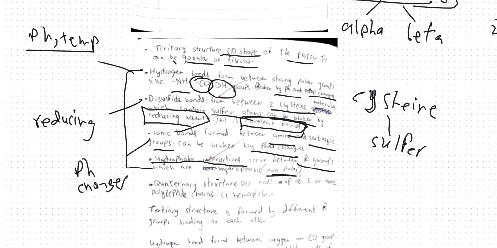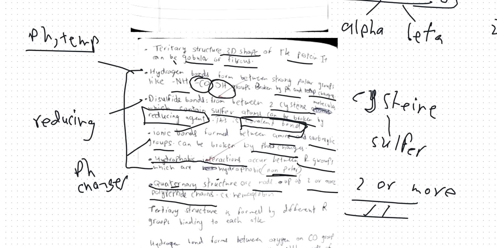So finally comes the quaternary structure. I had the primary, the secondary, and the tertiary. Now comes the quaternary structure. Quaternary structure is made up of 2 or more polypeptide chains. So when two or more chains interact together, they are called the quaternary structure.